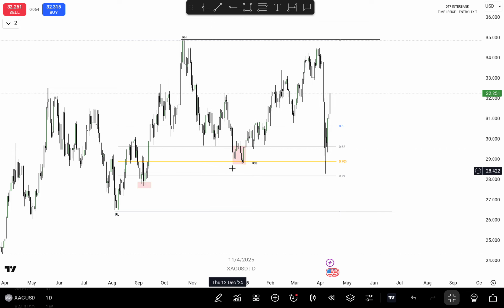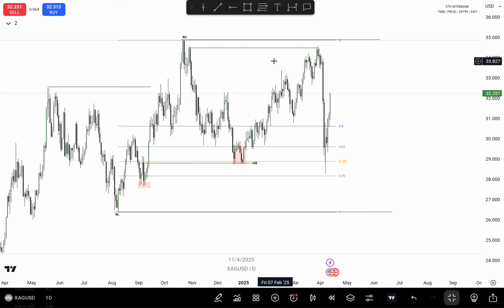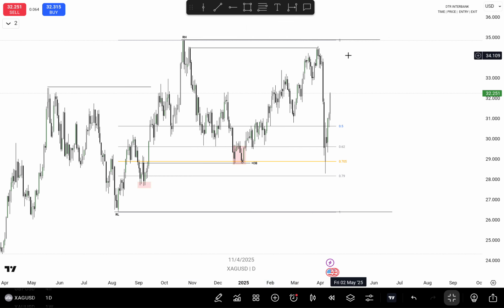And right there is the order block. This is a very nice trade. You just gotta get out. There is a high here. This is your trade, man. It hit the TP straight.